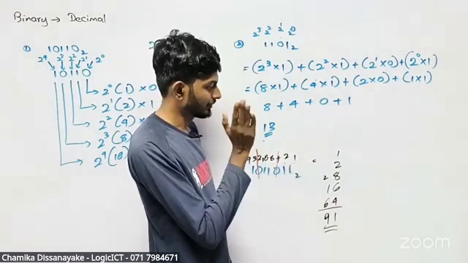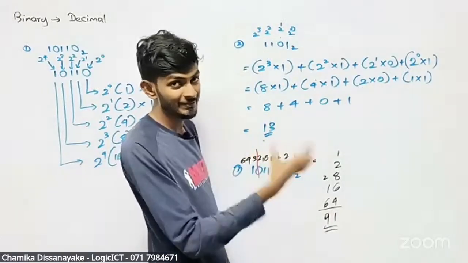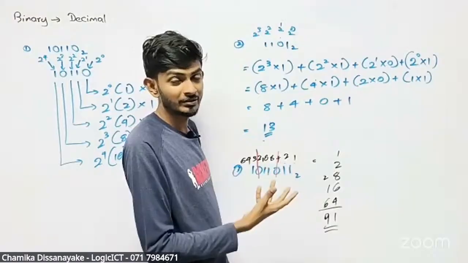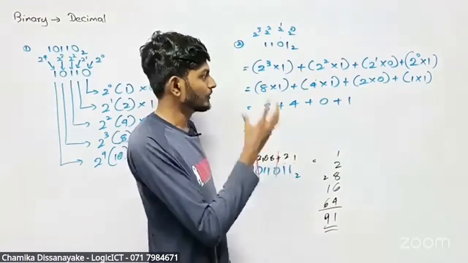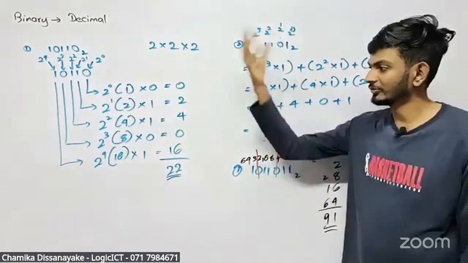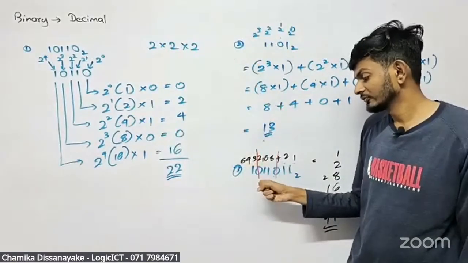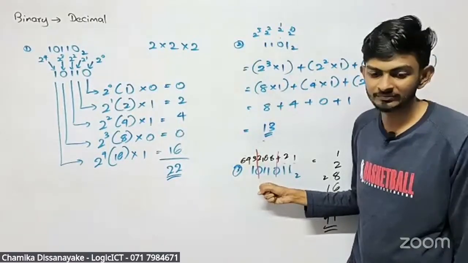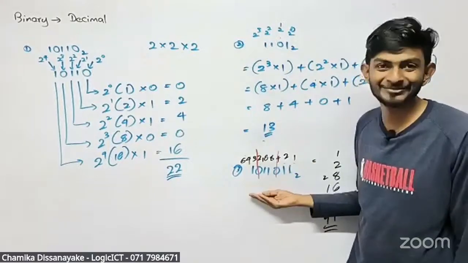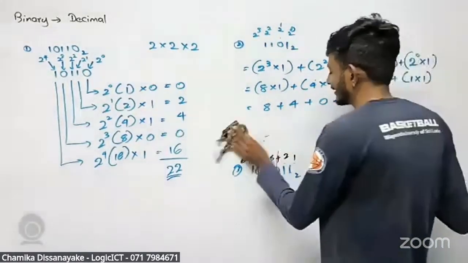So please don't use this shortcut for the second paper of the exam. You can use either this method or this method for the answers in the second paper. This method can be used for the MCQ questions. Did you get that? Don't write this one for the second part, otherwise you will not have all the marks.